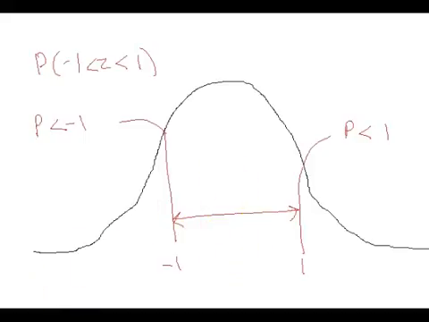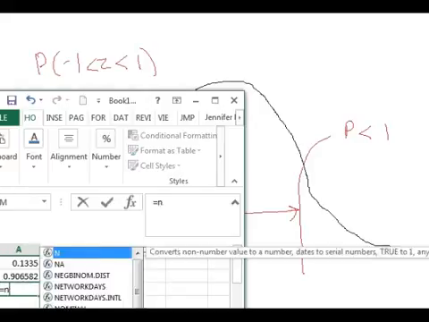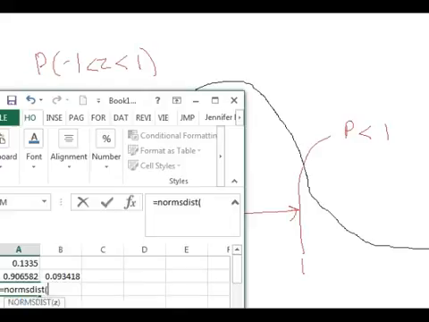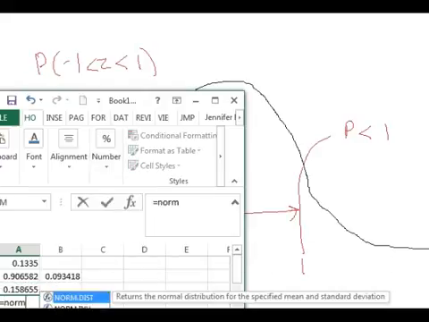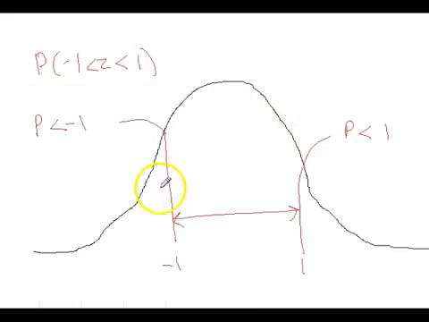So again, let's go back to Excel. It's a little bit easier than the tables. So we wanted to know the probability for -1, so let's do the -1 first. Okay, and then we also wanted the probability for +1. Okay, so what that's telling us is that about 15.8%, right?